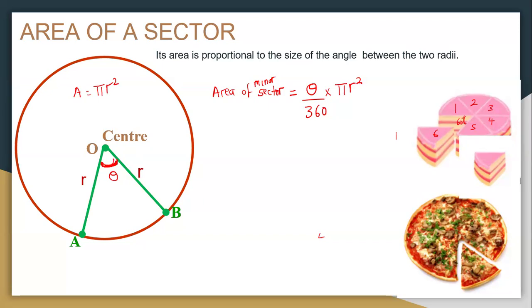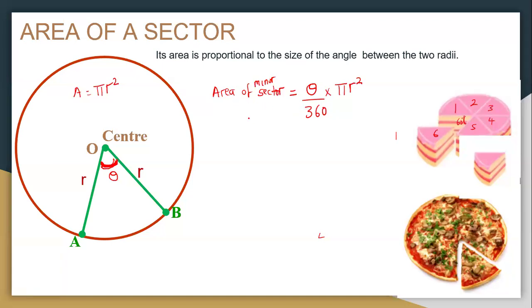This angle is what is going to help you find the area. So to obtain it, I will say theta, which is the angle of that particular portion I want, divided by 360 times pi r squared. So this is the area for the minor sector.